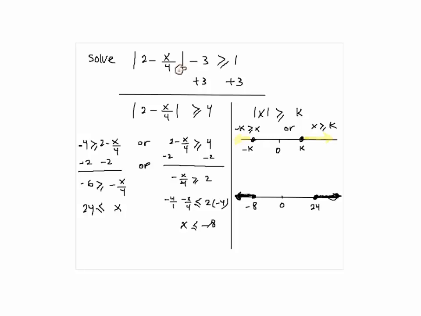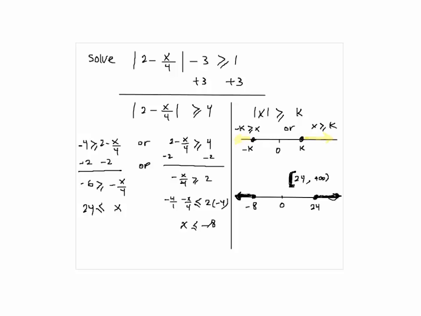Now, interval notation that you asked, to write in interval notation, you would write it as all the numbers that are between 24 and positive infinity. We use brackets here to show the endpoints are included.